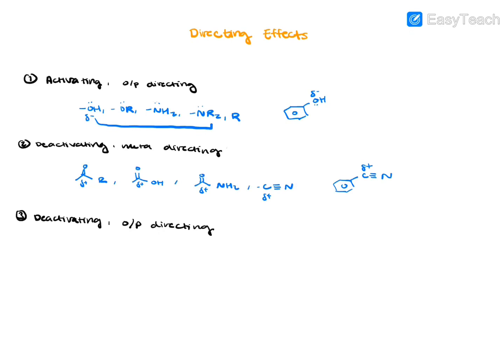And then last but not least are the halogens, which kind of have their own weird thing that we'll go into later. But they are deactivating, but because they have lone pairs to donate, they are definitely going to be ortho-para directors. So to sum it up here, if it has a lone pair, it'll be ortho-para directing, and this is on the atom that's attached to the ring.